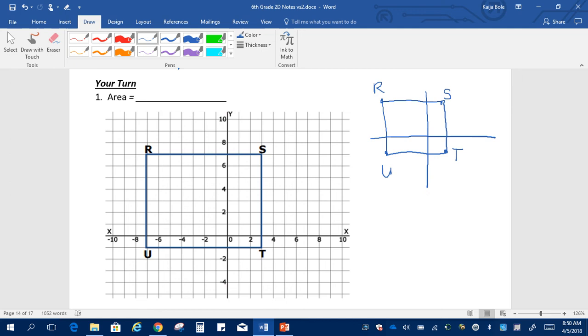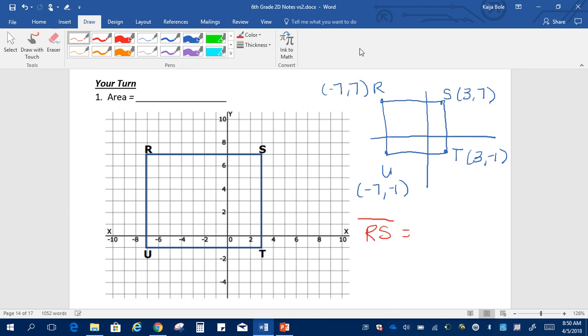For S, if you look on the graph, we go over to 3 and then up to 7, so S is 3 comma 7. T, we go over to 3 and then down to -1, so this is 3, -1. R, we go over to -7 and up to 7, so this one is -7, 7, and then U would be -7, -1.